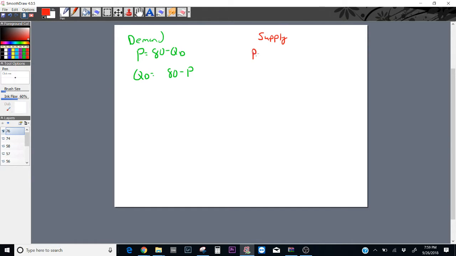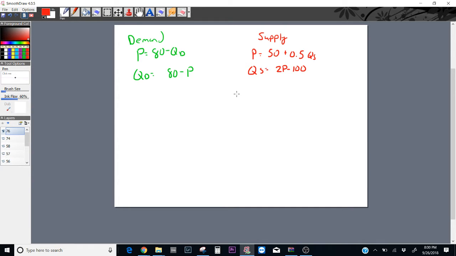So I have P is equal to 50 plus 0.5 QS. So that's our inverse supply equation. And then we also have that QS is equal to 2P minus 100.